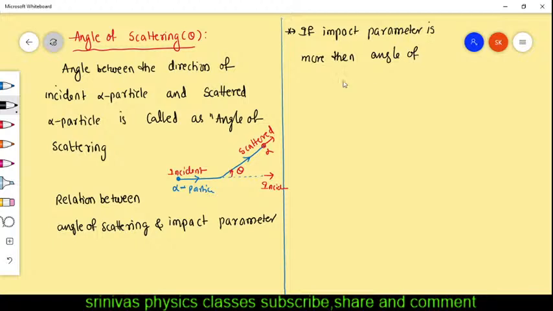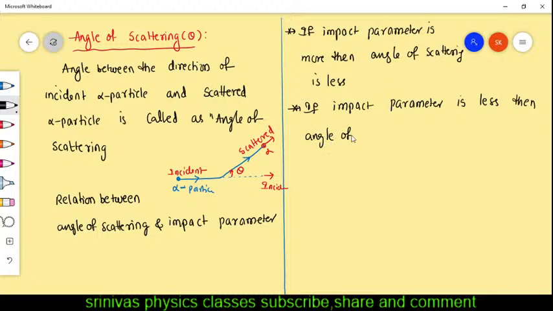If the impact parameter is more, then the angle of scattering is less. And if the impact parameter is less, then the angle of scattering is more.